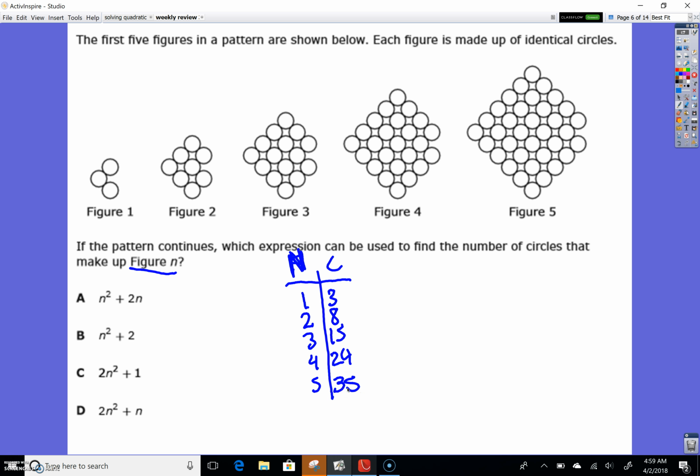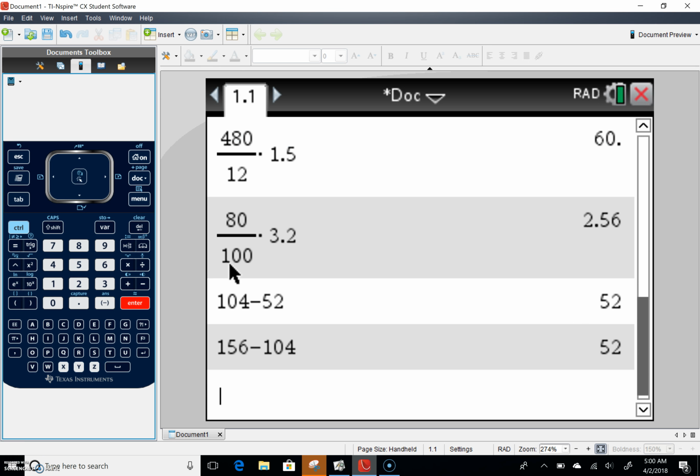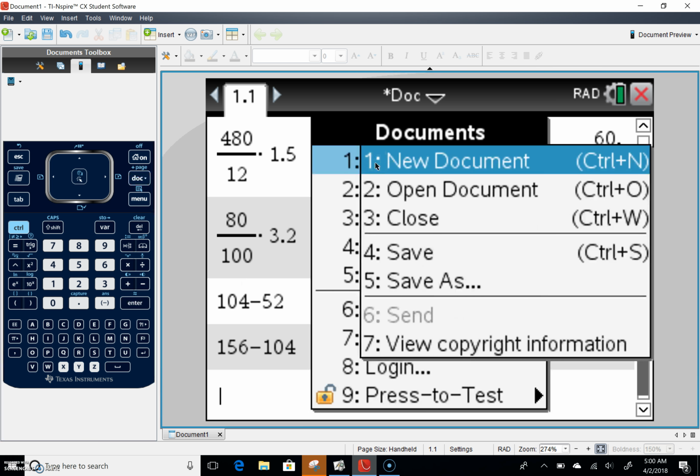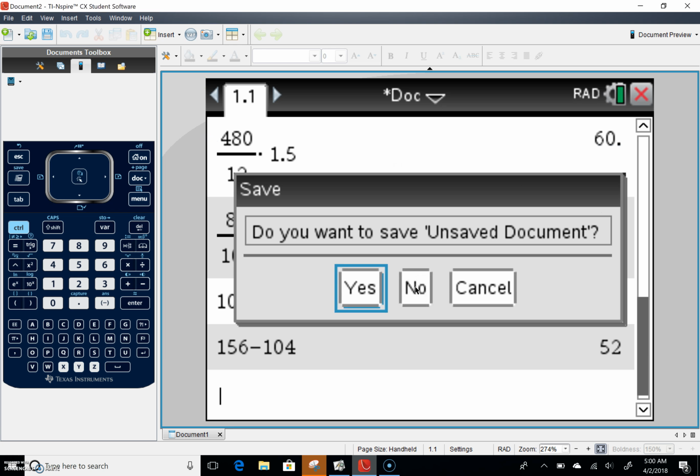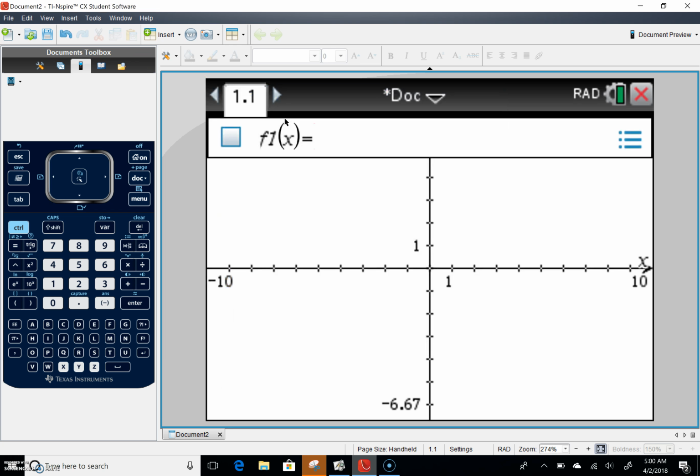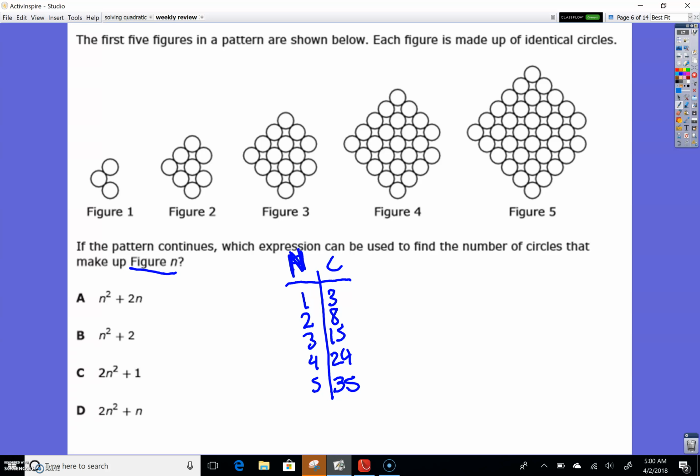Okay, so when we do this, we can just basically use these numbers right here and check our calculators. So I'm going to check the first one. This time I'm going to go into my graph. Okay, doc, file, new document, add graph. So my first equation, I'm going to go x squared plus 2x.